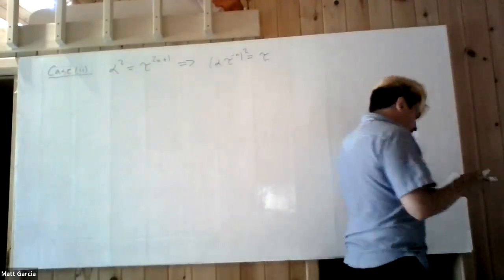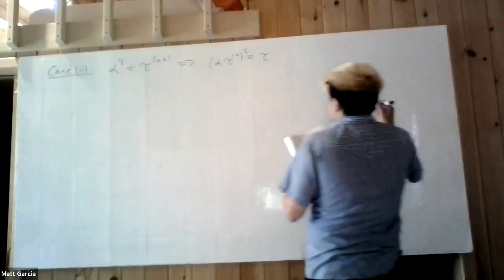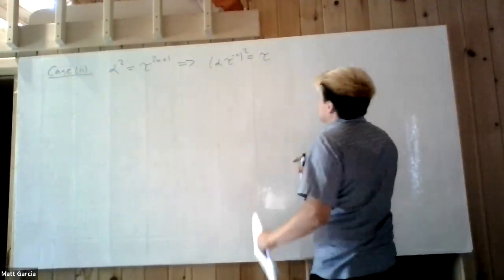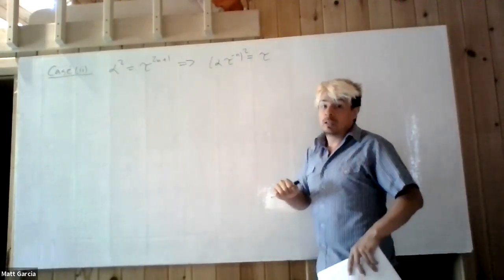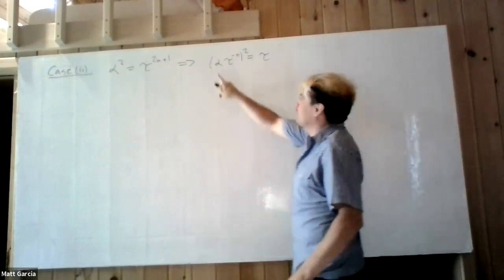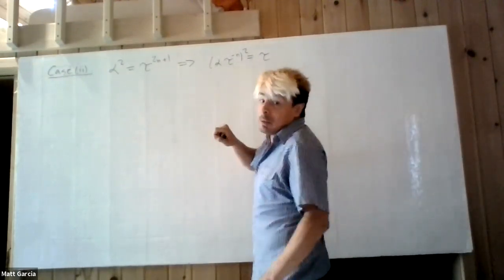Okay. So let's just set the quote unquote square root of tau to be gamma. That is to say, I'm just going to call this gamma.